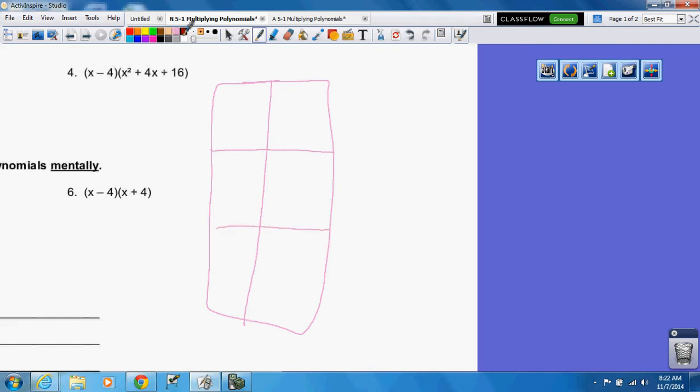So I know that I'm going to have x, and then a negative 4, and then I'm going to have an x squared, and then a positive 4x, and then a positive 16.